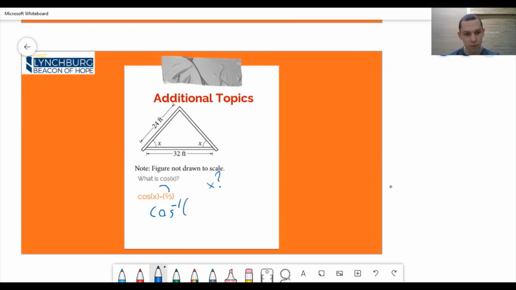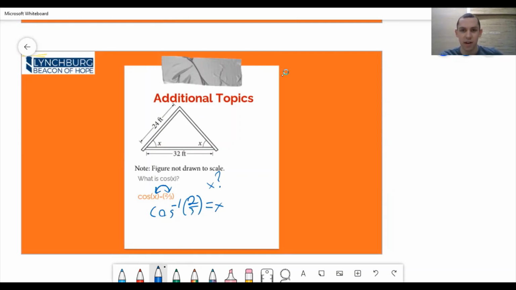When we do inverse, we flip these two. So we have cosine to the -1, the inverse cosine, or arc cosine, as you also hear it called, and that equals x. And since this is a calculator section, they can ask you to do this.